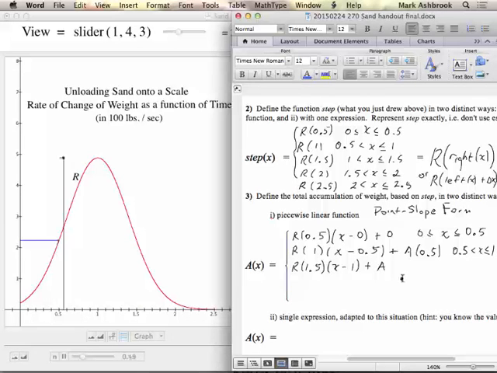A of everything accumulated up to that point. What's everything accumulated up to that point? 1.